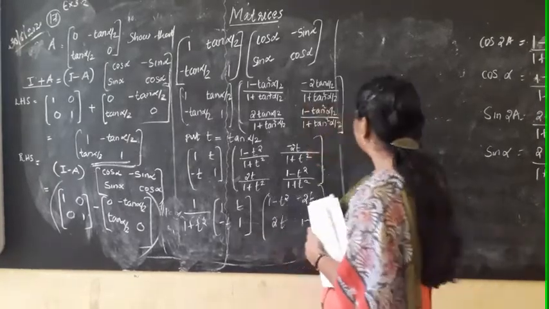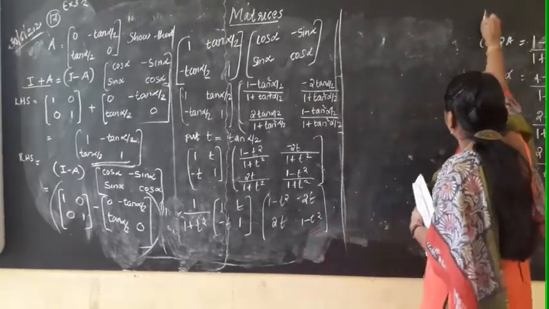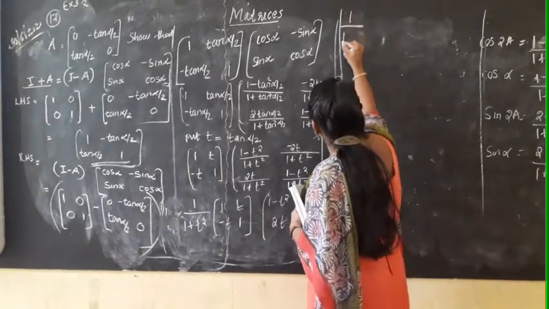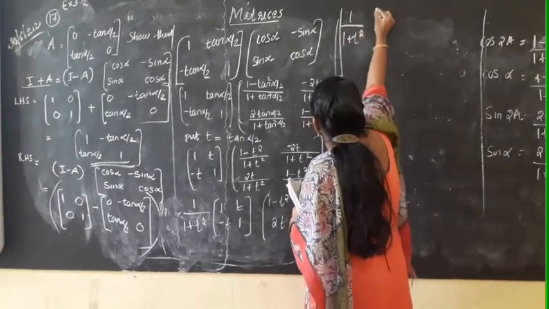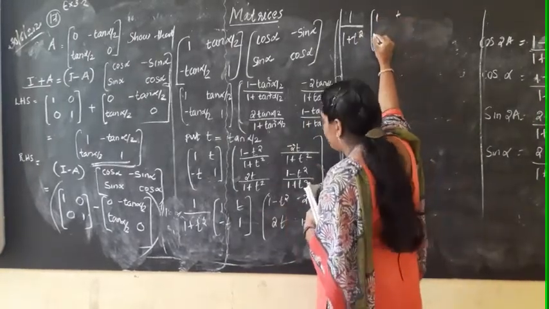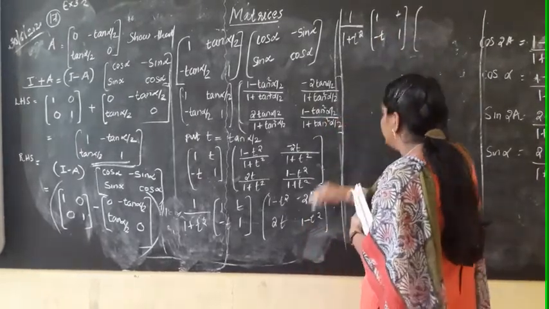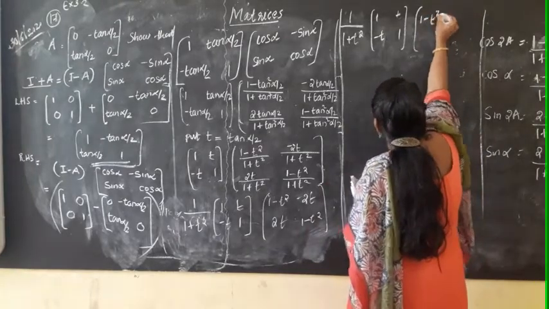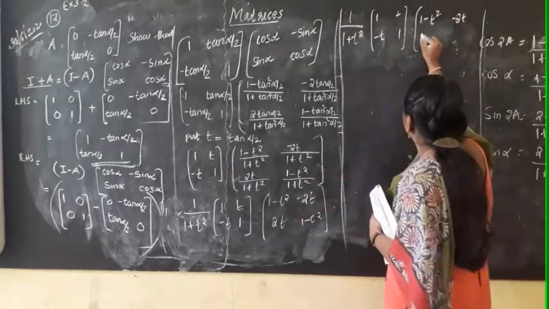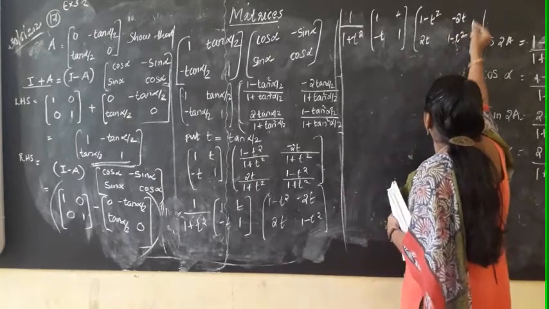Now we can do the matrix multiplication. 1 by 1 plus t square into this term 1, t, minus t, 1, into 1 minus t square, minus 2t, 2t, 1 minus t square.